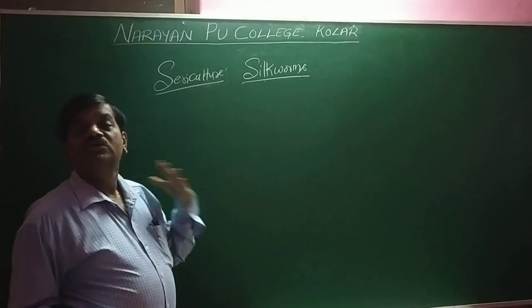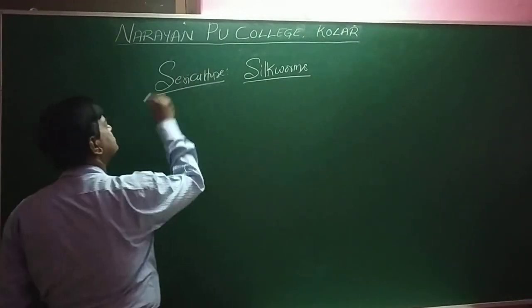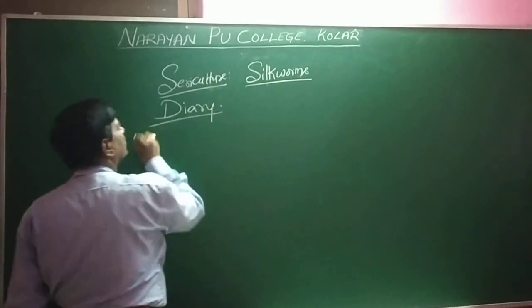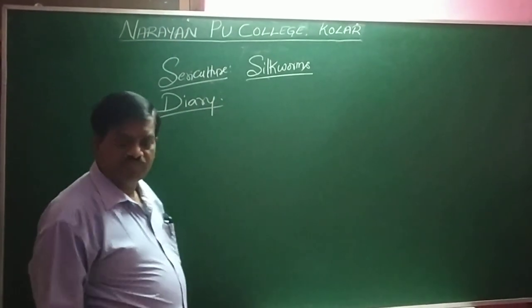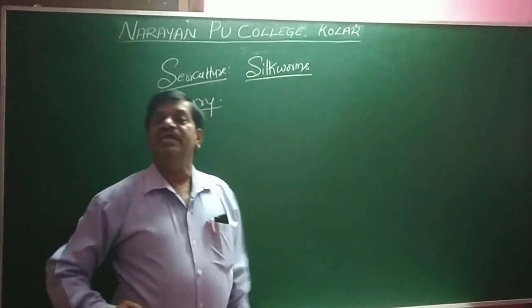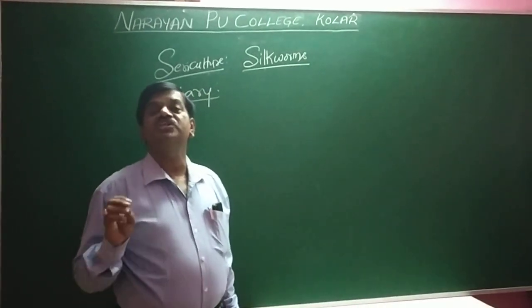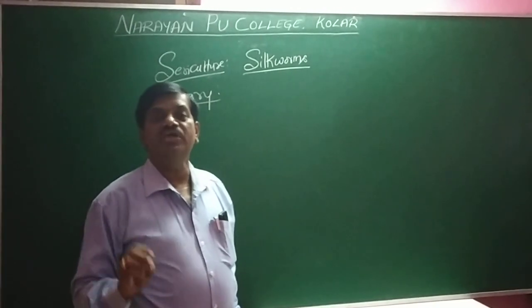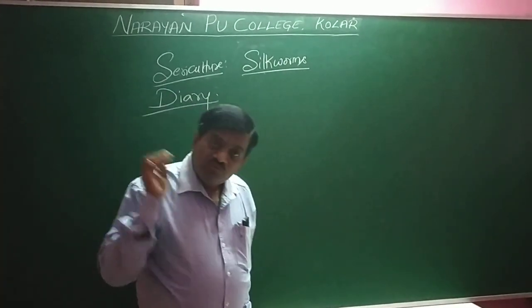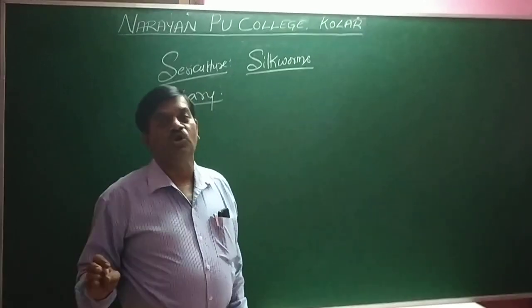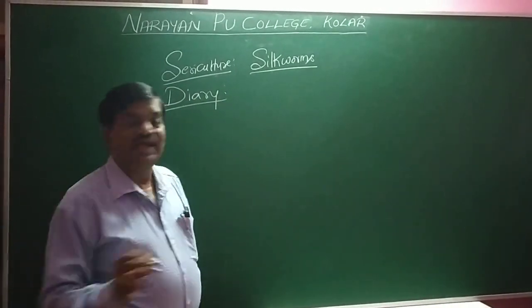We will go for the other branch called dairy. Dairy is a branch under biology that deals with the study of farming of cattle. For the sake of milk and milk products, we farm the cattle.